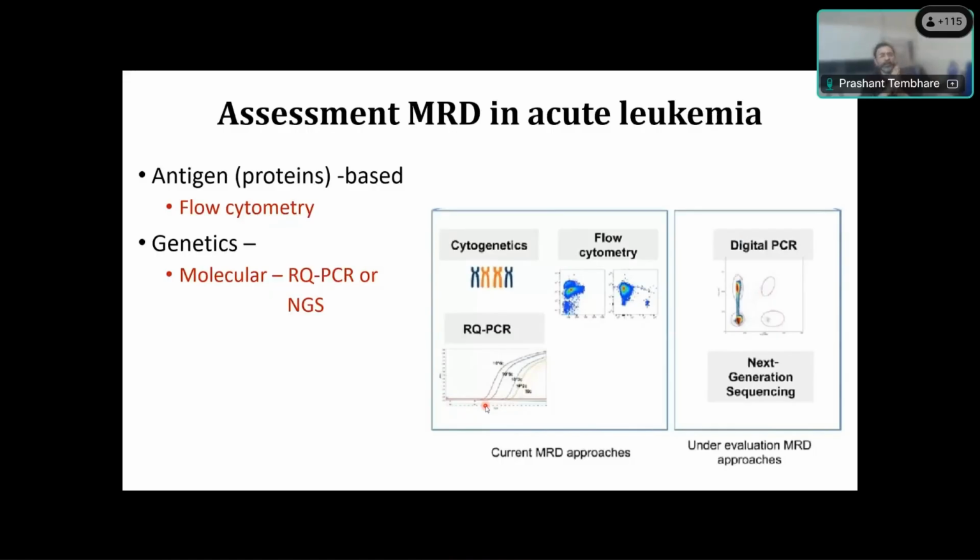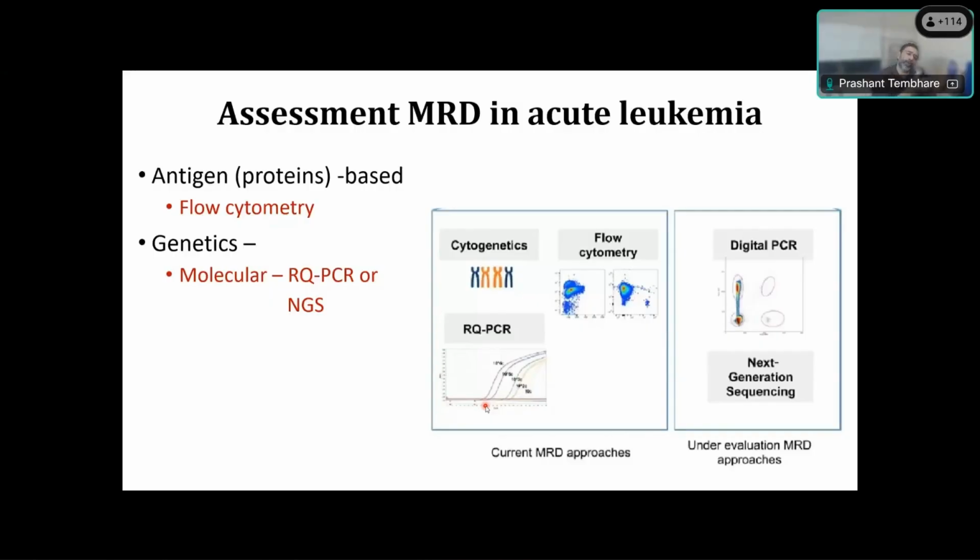The other concept is to identify the genetic lesions or genetic abnormality, because the genetic abnormality is present at the time of diagnosis, and if it is still present at the time of MRD assessment, that means the residual disease is there. So you can divide the MRD assessment techniques into two parts.